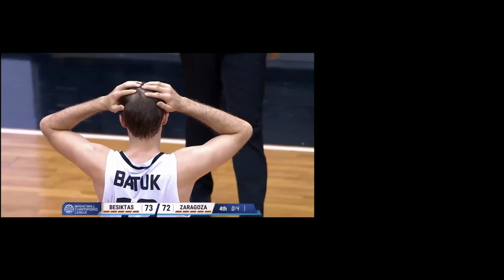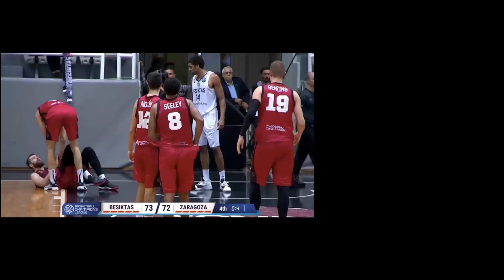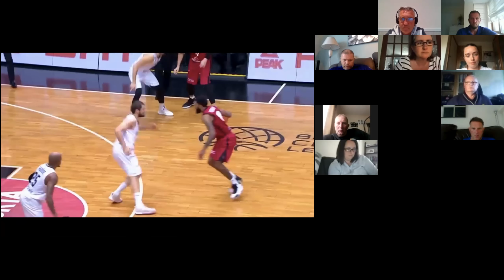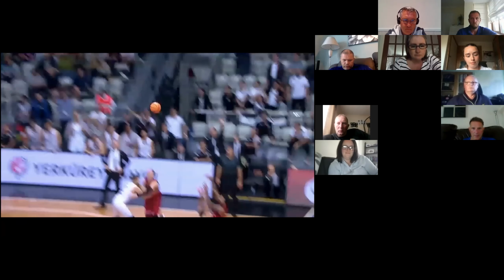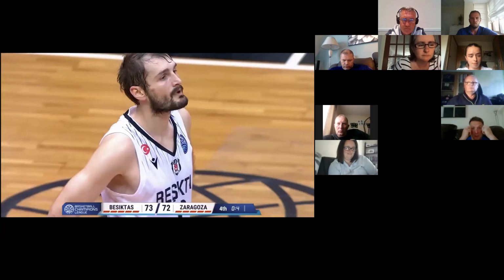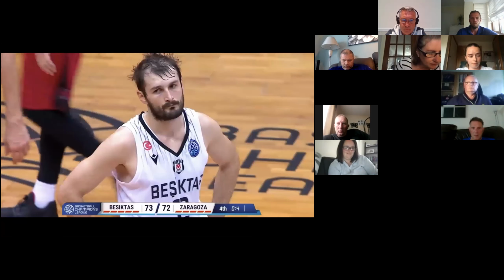Batuk has fouled Seeley. And not for the first time from behind the arc. That's 3 free throws coming for Seeley. And Besiktas could end up checking into the Heartbreak Hotel tonight. It's such a tough play defensively, so you've got to get a hand in the face. But you have to know you can't get that close.